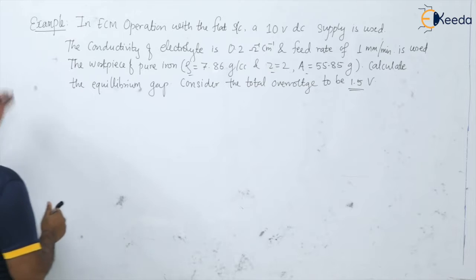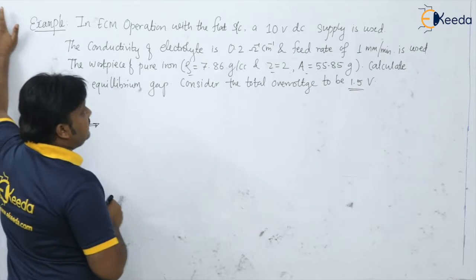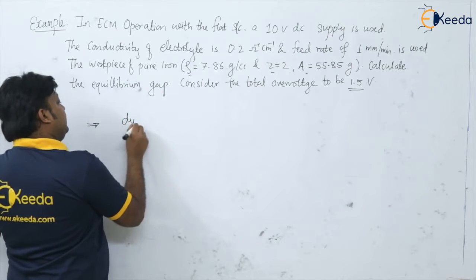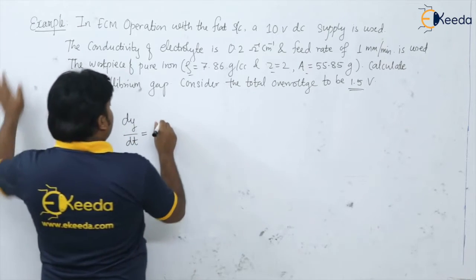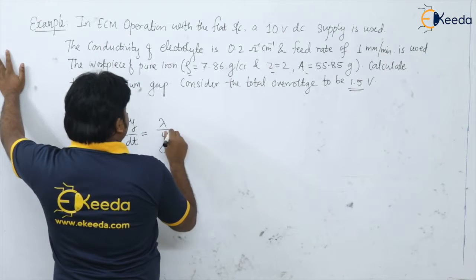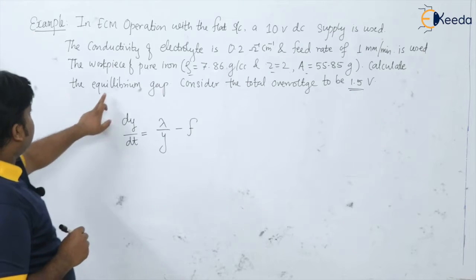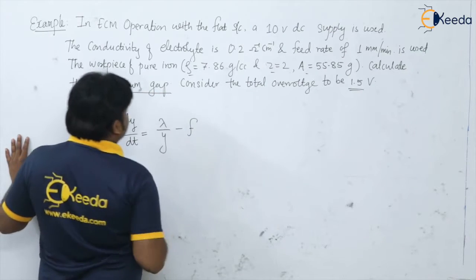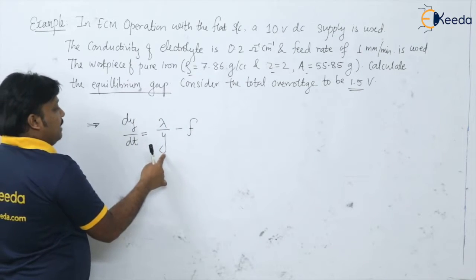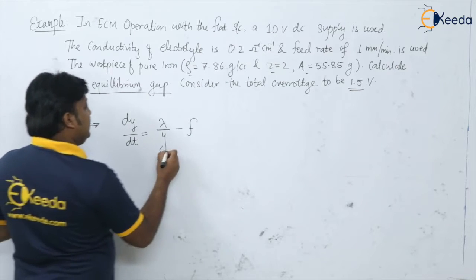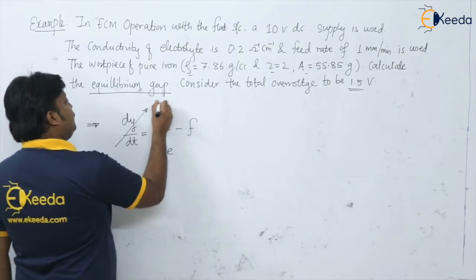Let us solve this. So we know the equation of dynamics for the ECM we have already derived, that is this feed rate or change in gap, dy by dt is equal to lambda by y minus this feed. Here, as we are going to find the equilibrium gap, this y will be replaced by ye, and the change in gap per unit time will be 0.